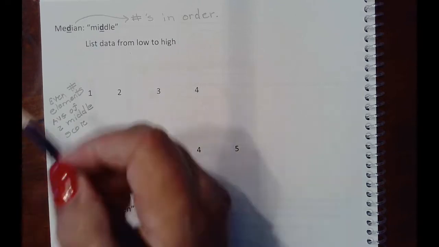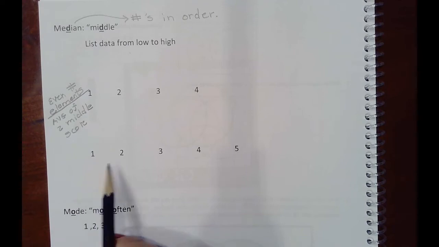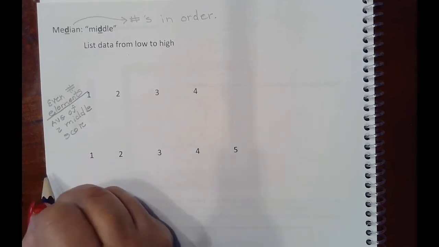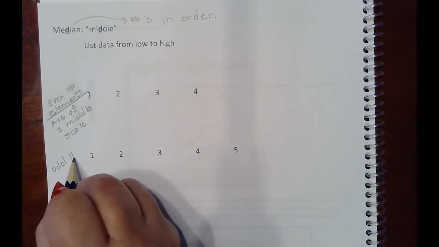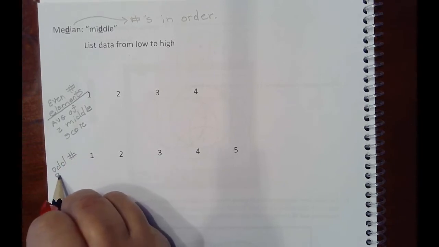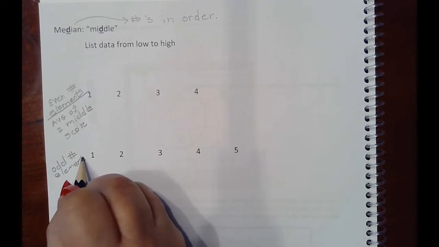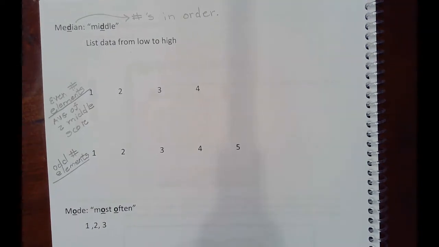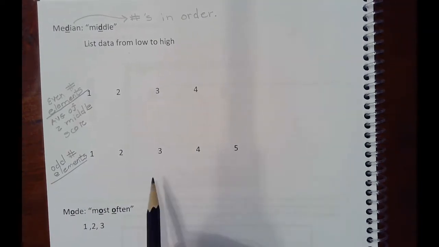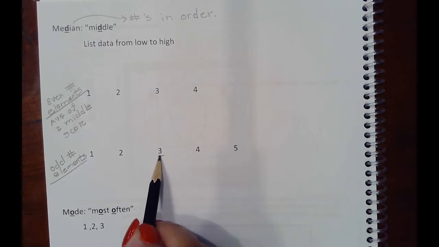Now, when there are an odd number of elements, notice that there's 1, 2, 3, 4, 5 elements here. That's an odd number of elements. When you have an odd number of elements, you will have an exact middle. And you'll be able to find that exact middle score, which represents the median. So this is the middle here.